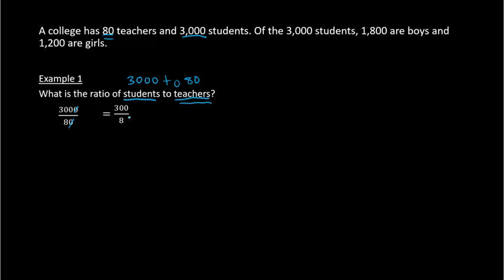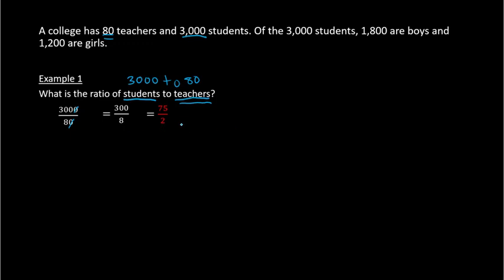From here, we can divide further. We can actually divide both numbers by 4. If we divide 300 by 4, we get 75, and if we divide 8 by 4 we get 2.